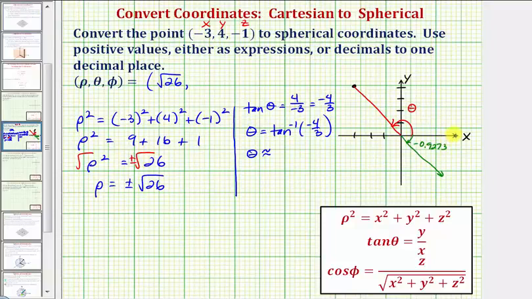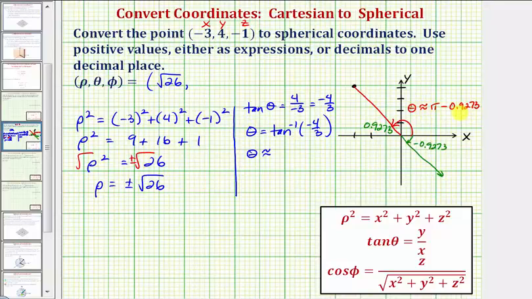Well, the angle in the second quadrant that has the same tangent function value would have to have the same reference angle. So this reference angle here would be approximately 0.9273 radians, which means the angle theta we're looking for would be pi radians minus 0.9273 radians, where it would be approximately equal to this difference.